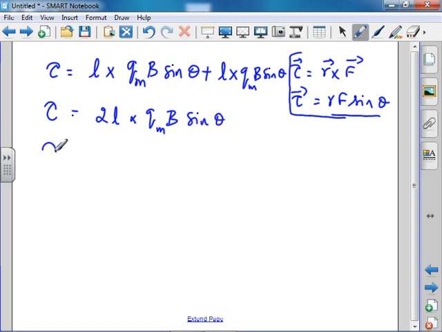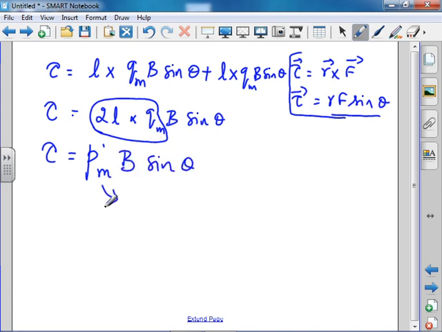Or tau is equal to, what is 2L into QM? It is nothing but PM, magnetic dipole moment. So in scalar notation we have written like this.